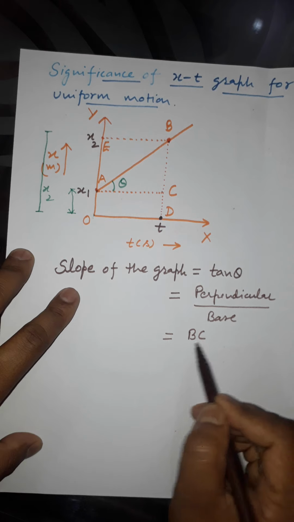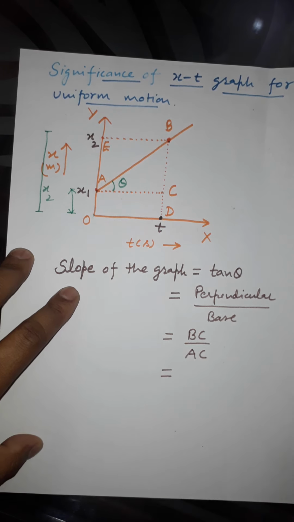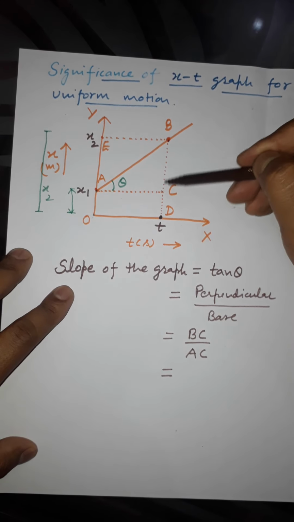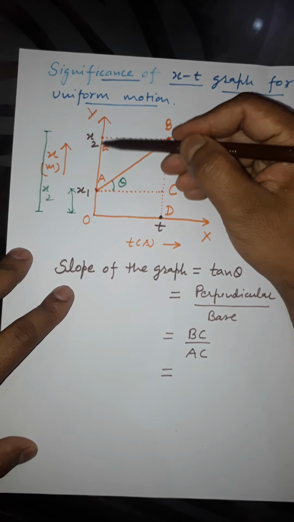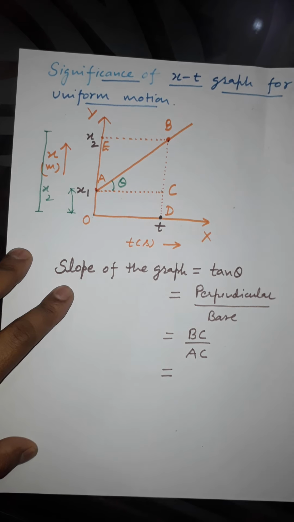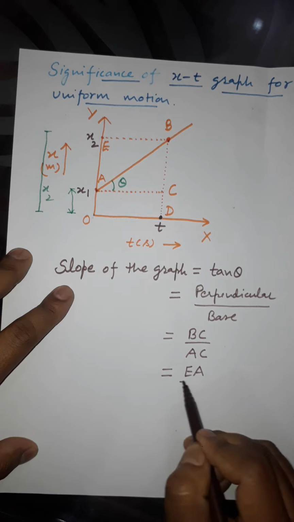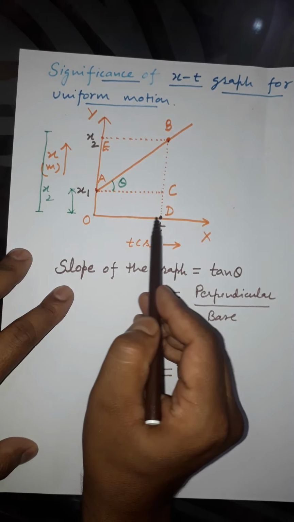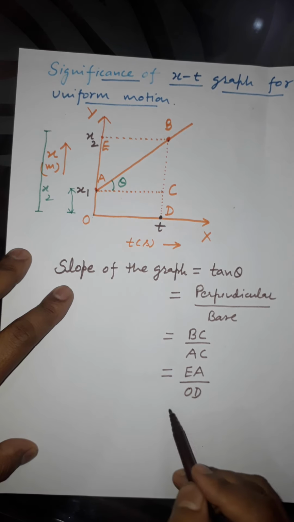So BC over AC. Now, let us see here in the figure. BC is exactly equal to EA. So you can replace BC by EA. Now see, AC is exactly equal to OD. So in the place of AC, you can write here OD.